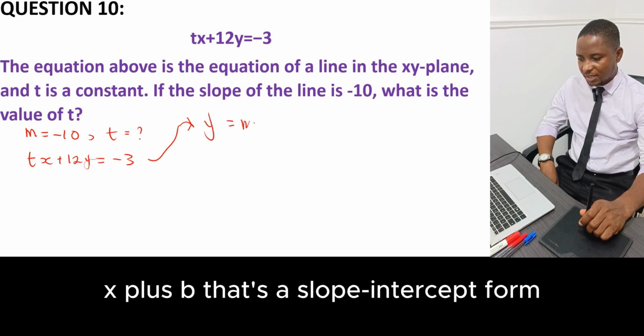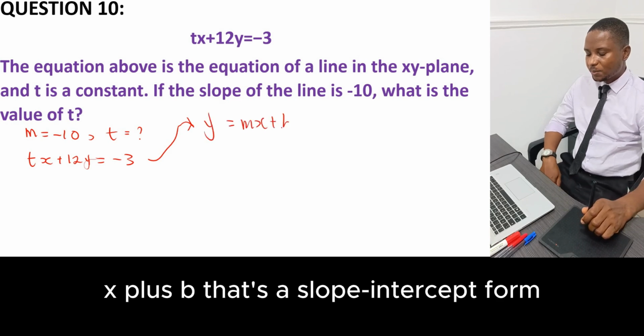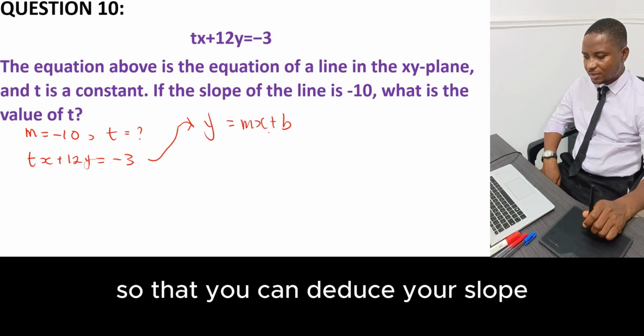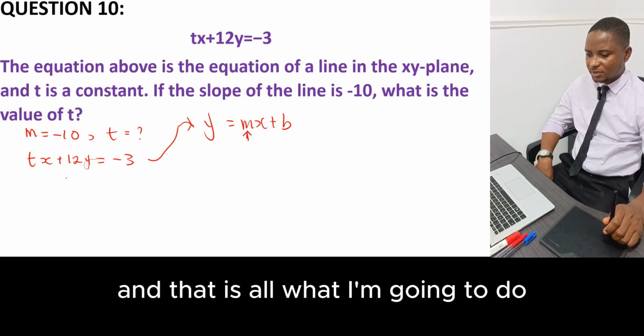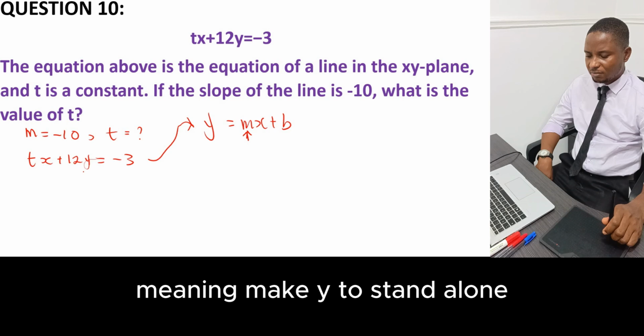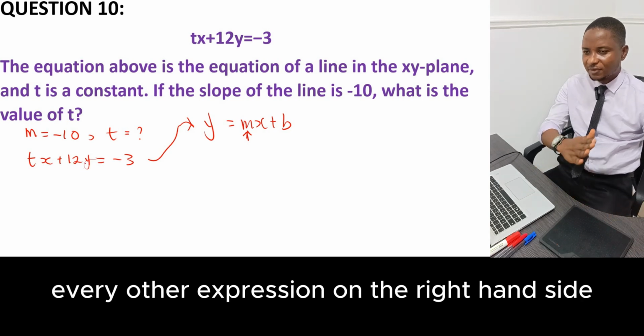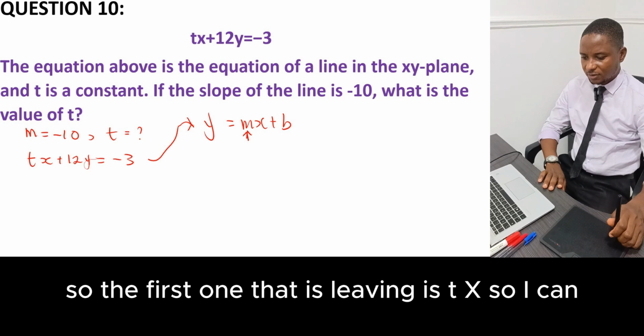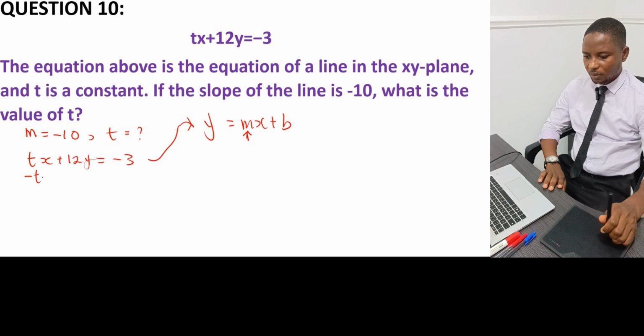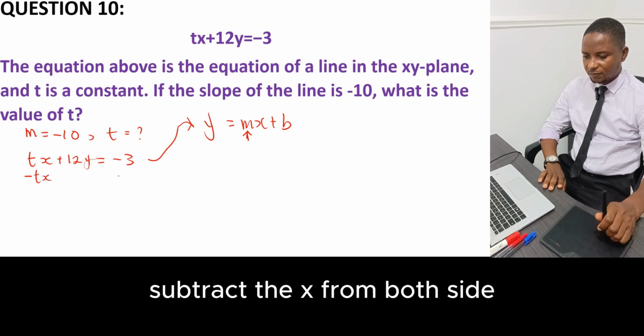So all that matters here is to take this equation to look like y equal to mx plus b. That's the slope-intercept form so that you can deduce your slope. And that is exactly what I'm going to do, meaning make y stand alone, with every other expression on the right-hand side. So the first one that is leaving is tx. So I can subtract tx from both sides.